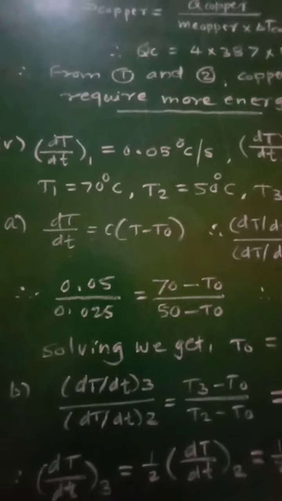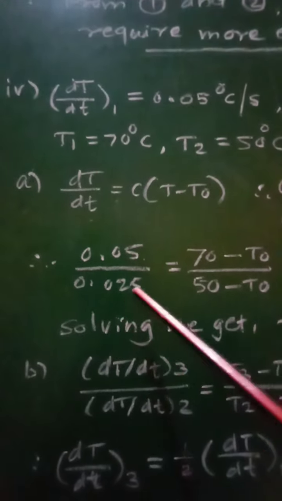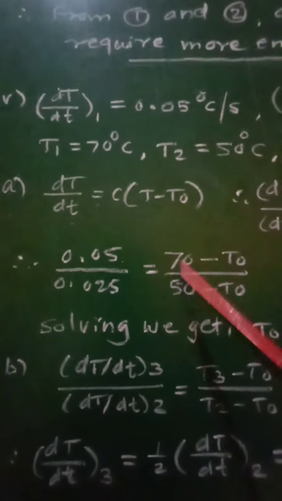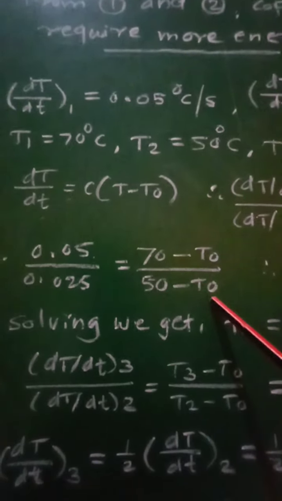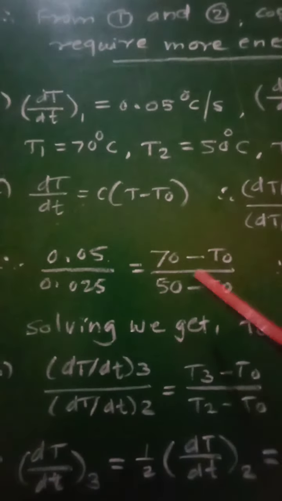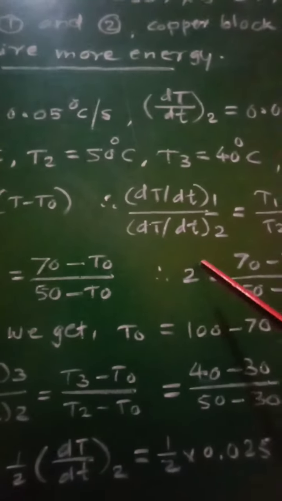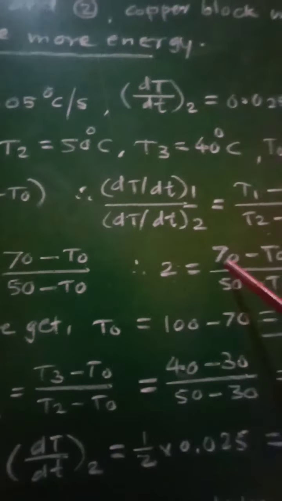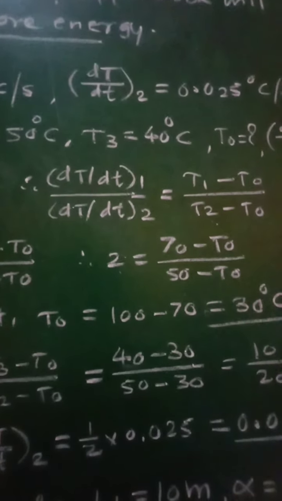Now putting the values, we can write 0.05 upon 0.025 will be equal to (70 minus T0) upon (50 minus T0). Solving this we will get 2. Therefore 2 is equal to (70 minus T0) upon (50 minus T0).